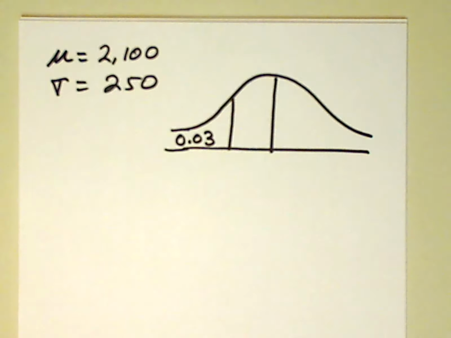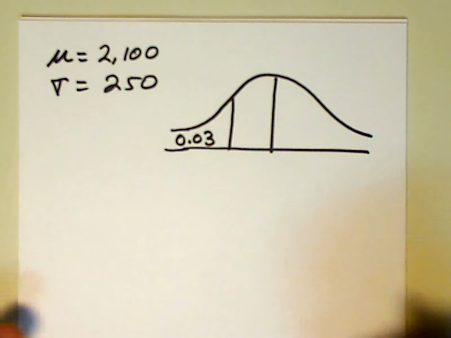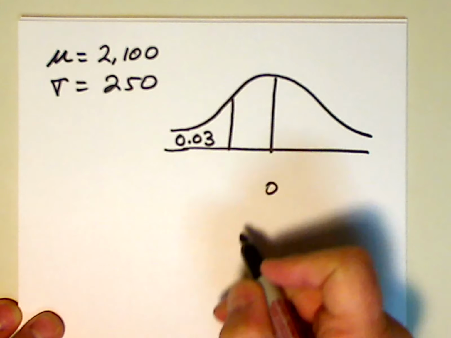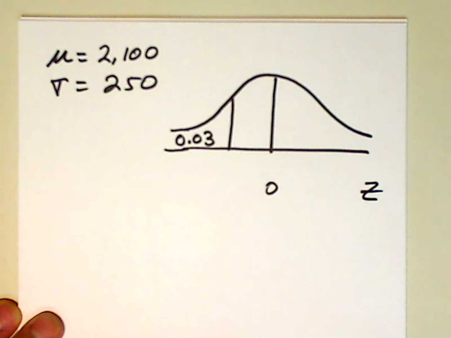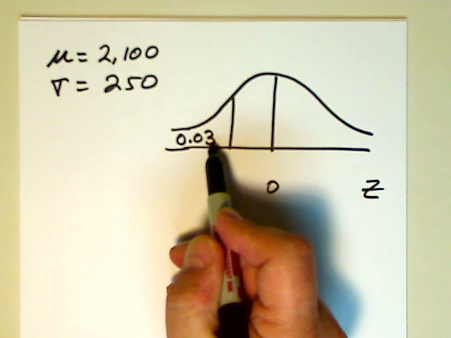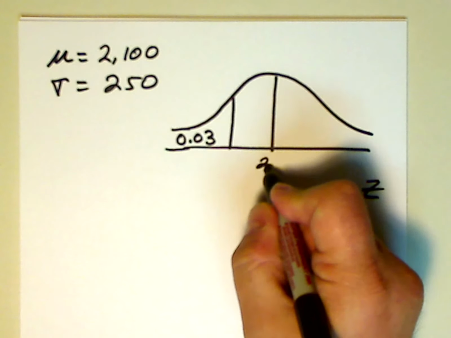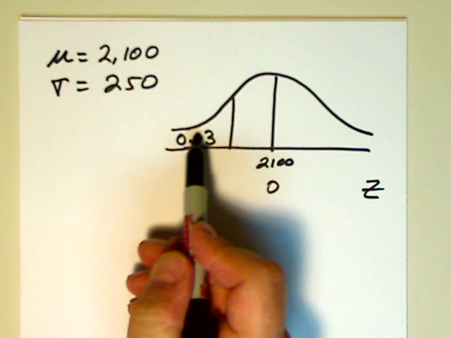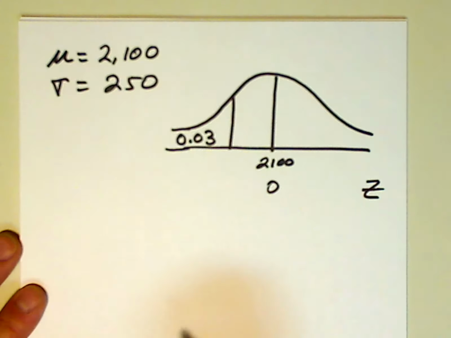Well, now let's see, we've got to convert this to some z values. So what we're going to do here, we know how much area is in the tail in the bottom half of this problem.